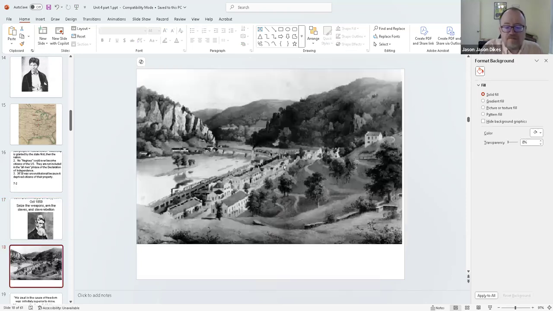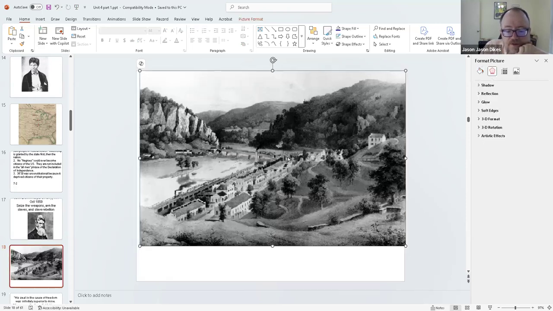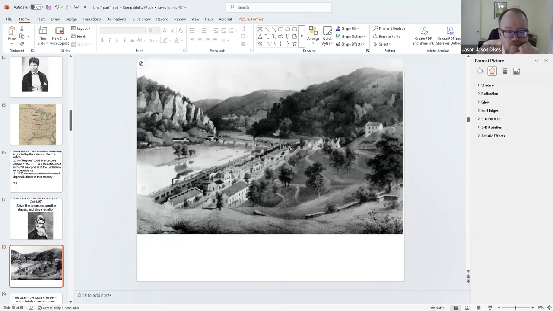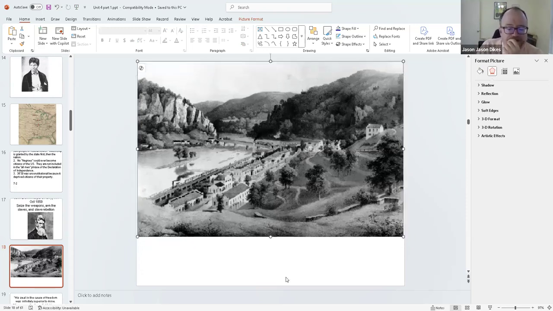Now, he did manage to get into town. He came down from the hills and through this covered railroad right along here. And then he did manage to seize one of the buildings in the arsenal. And then that was about as far as he got. After that, his whole plan kind of fell apart.